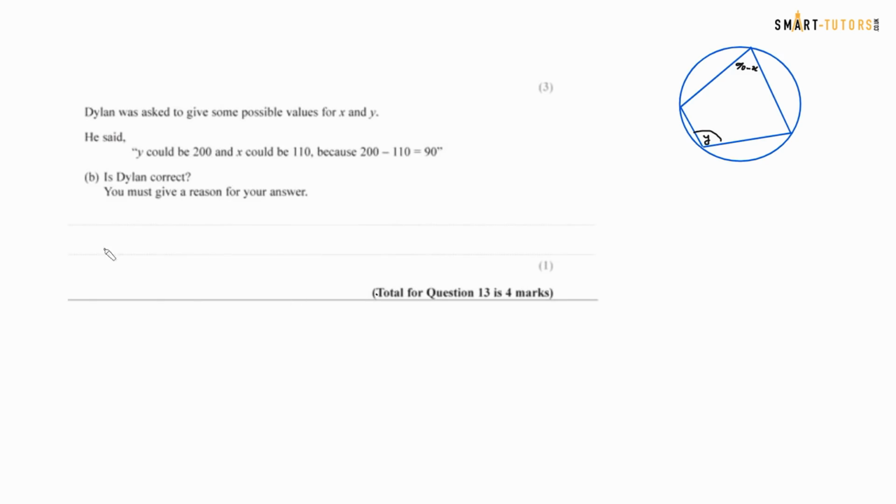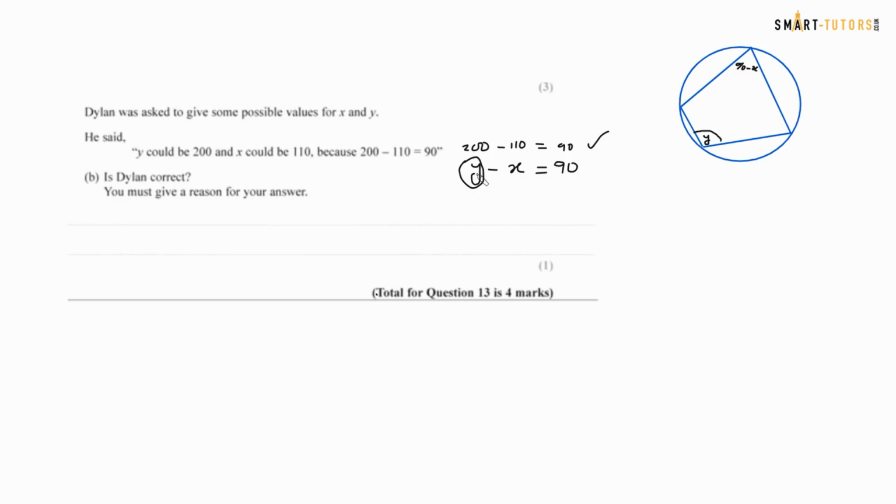So the actual answer is, you need to say yes, the reason, or no, he is incorrect, and the reason. In the first part, we proved y minus x equals 90, but Dylan said y could be 200 and x could be 110. Mathematically, 200 take away 110 is 90. That is correct.